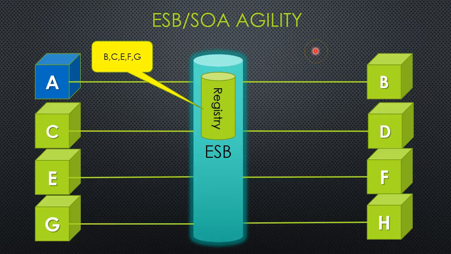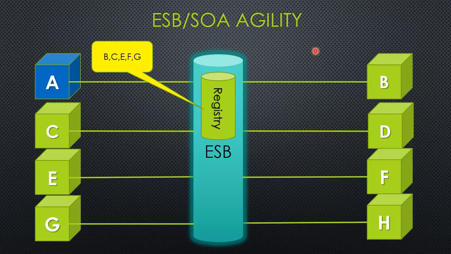Now, what you have effectively done is created a new application, and that new application includes F that it didn't have before. Imagine going back to that point-to-point integration and saying, well, I need to change this, I need to add that, I need to adapt to this API, and guess what? I need to change my orchestration application because I need to add F into that flow.